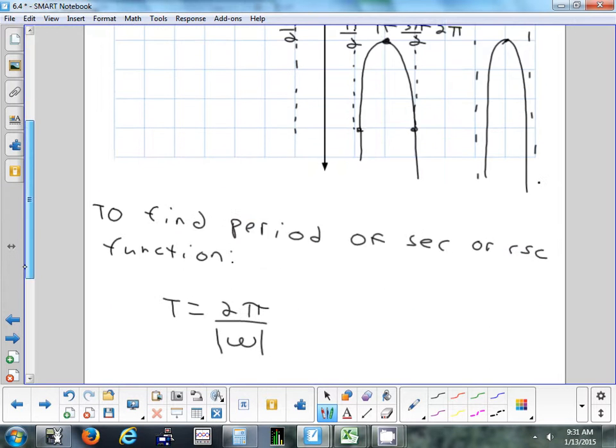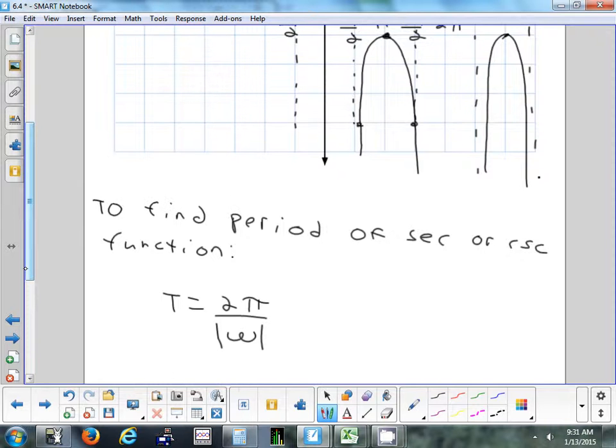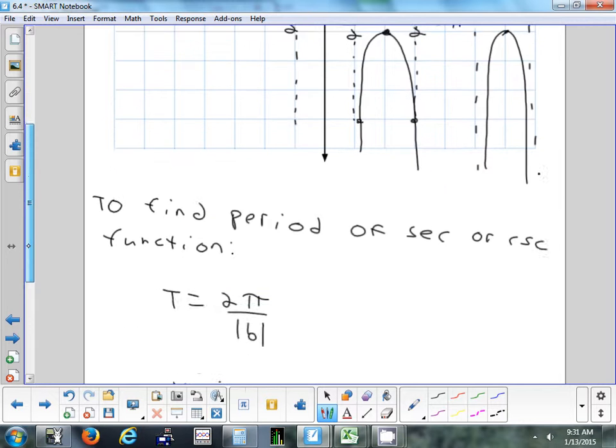But there's secant. So to find the period of secant or cosecant, our formula goes back to 2 pi over b. We've seen that one before when we did sine and cosine. Why is it 2 pi?